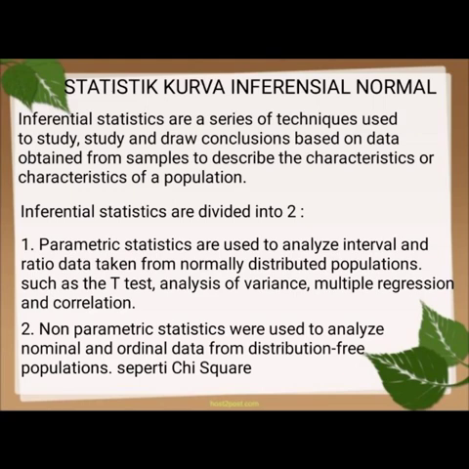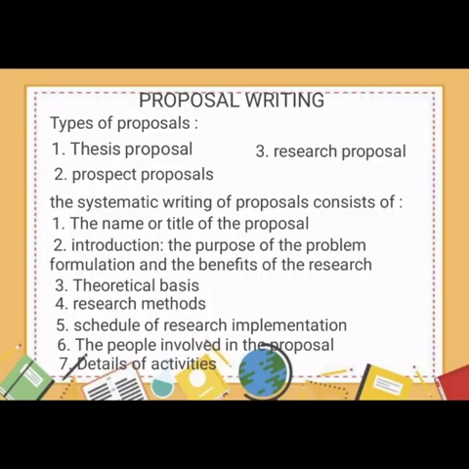One, parametric statistics are used to analyze interval and ratio data taken from normally distributed populations, such as the t-test, analysis of variance, multiple regression, and correlations. 2. Non-parametric statistics are used to analyze nominal and ordinal data from distribution-free populations, such as chi-square.